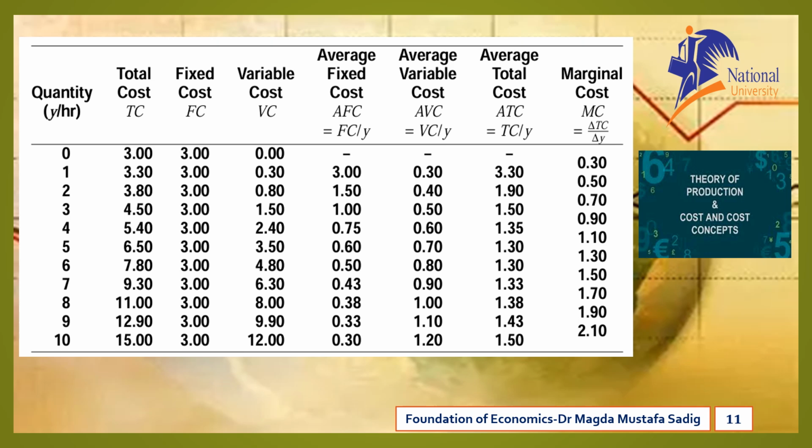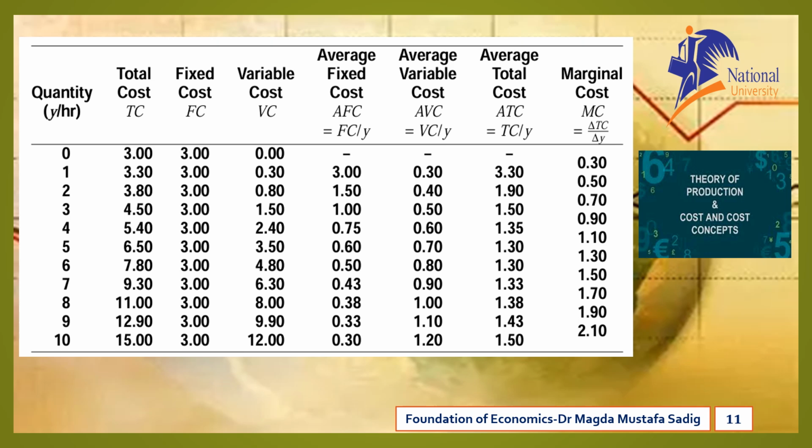The average fixed cost is obtained by dividing each fixed cost by the quantity per hour that appears in this table. Average variable cost also is obtained by dividing variable cost by the output at each level of quantities used in the production.